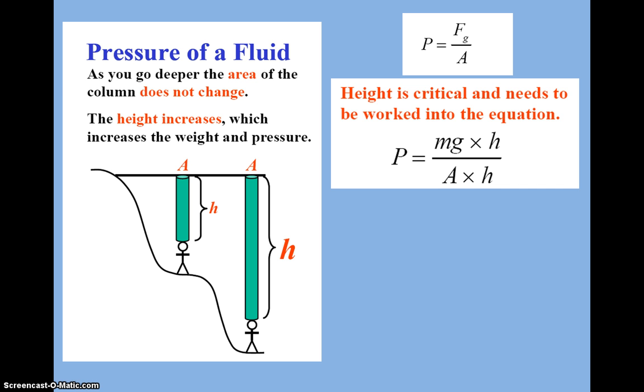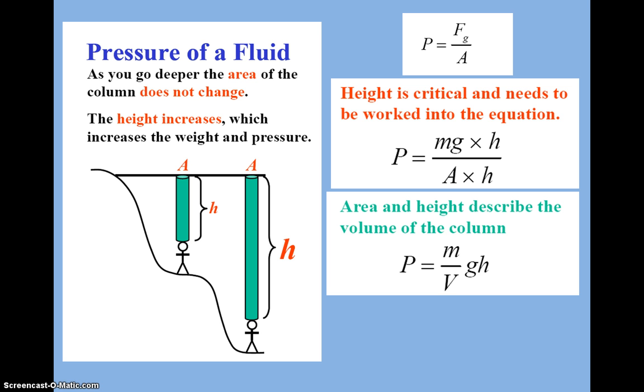Right? So let's say we multiply the top and the bottom of this equation by h, which is essentially multiplying by 1, if you multiply by h over h. So we get mg, which is the weight of the water, times h. And then we have the area on the bottom times h, which, if we look at this cylinder, A times h is actually the volume of the water.